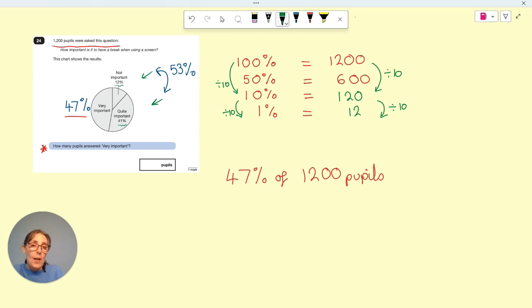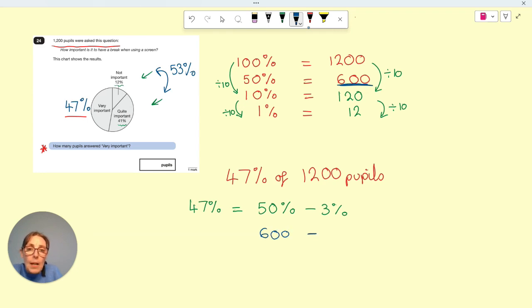Right, I'm going to use these facts to help me. 47% is the same as saying 50% take away 3%. Do you agree that 47% is the same as saying 50% take away 3%? 50% is 600.